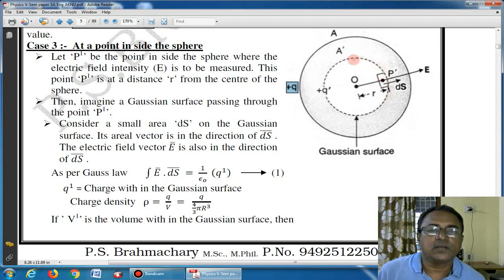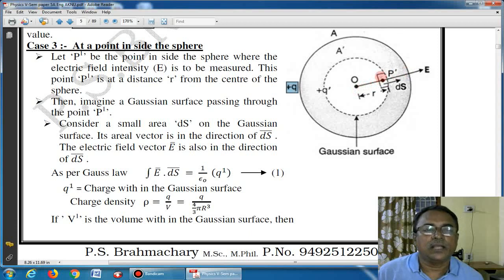Within the Gaussian surface, say the charge is plus q dash. So the total charge is plus Q, and within the Gaussian surface the charge is plus q dash, and the electric field intensity is away from the center of the sphere.